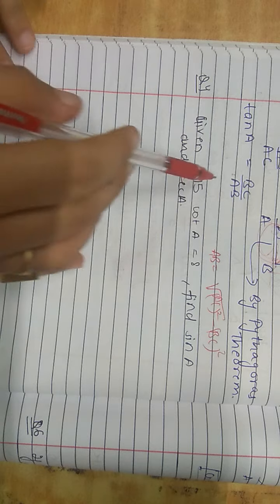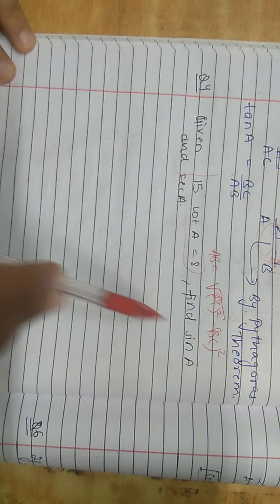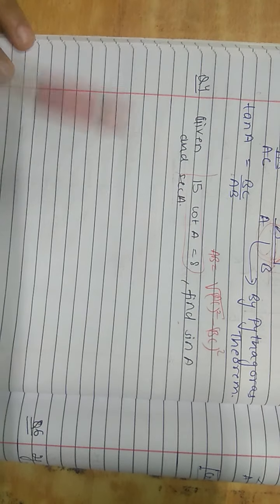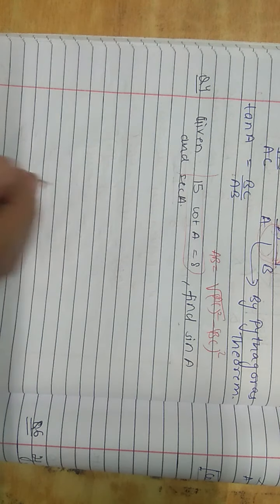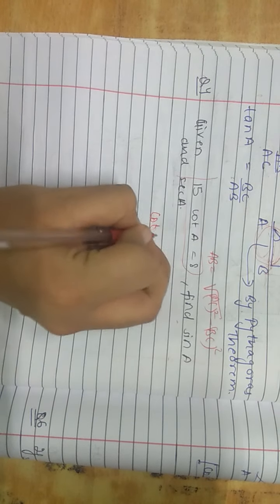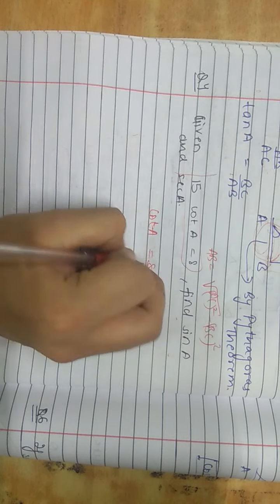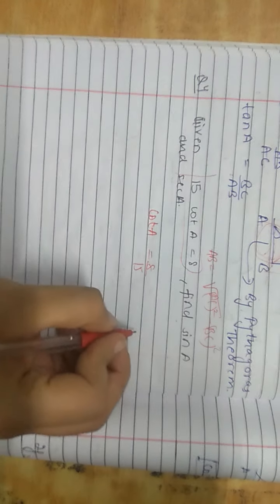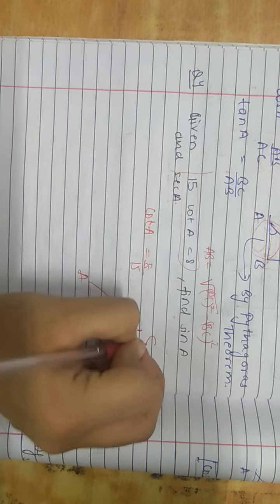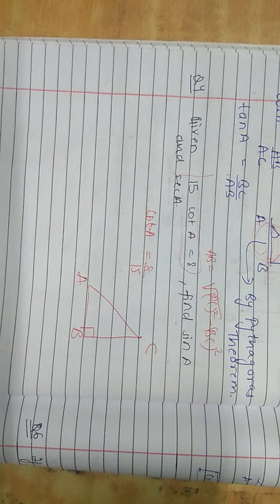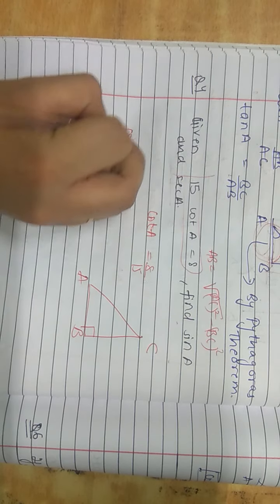Now suppose the question is given in this form. We have to find sin A and sec A. It is really simple, guys. As you did the previous question, similarly you have to solve this question. What you have to do is you have to write cot A as 8 by 15. Right, and simply just draw a triangle ABC, right angle at B, for example. So what is cot?